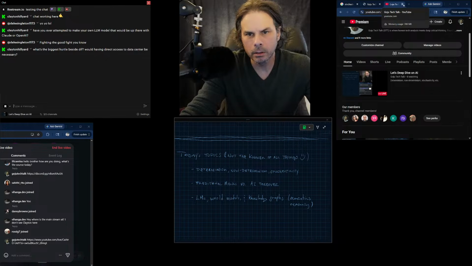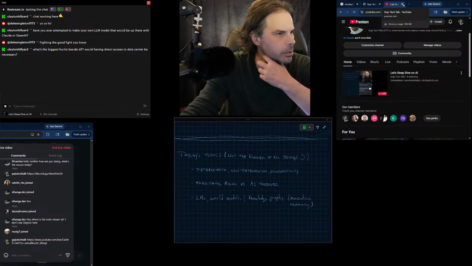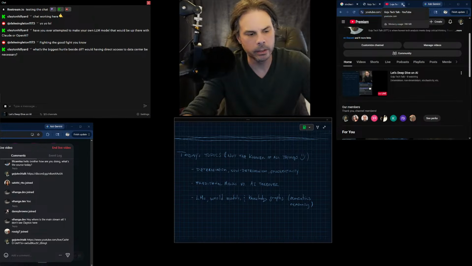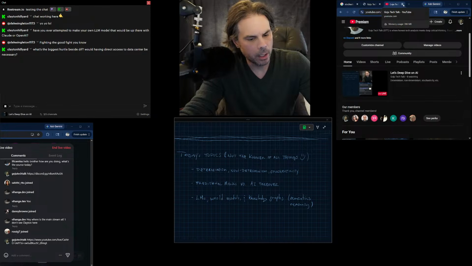The biggest hurdle, Clayton, honestly, is the financial resources that are required to train the models. In order to sufficiently train a large language model, the data part is actually not that hard. But having the data center compute and being able to cover it, because it'll cost on the order of 10 million to, well, maybe 100 million's a little too large.